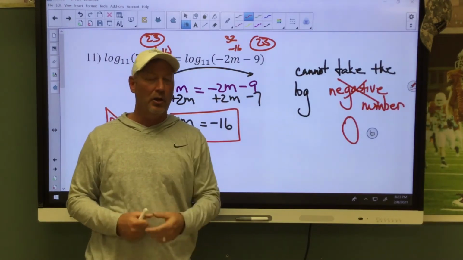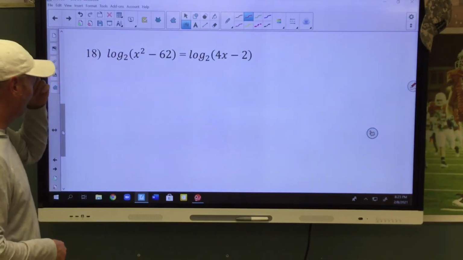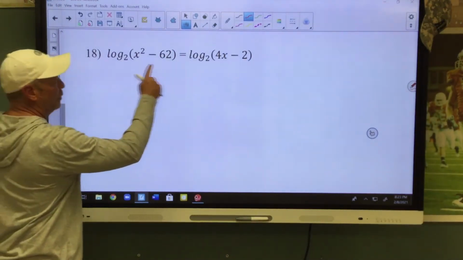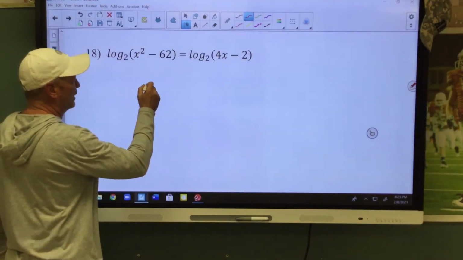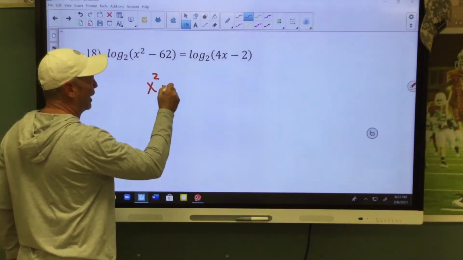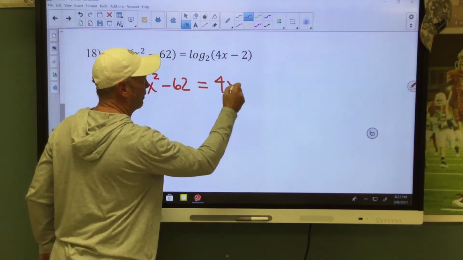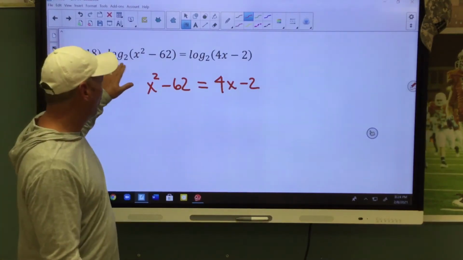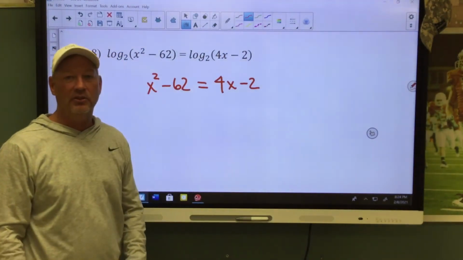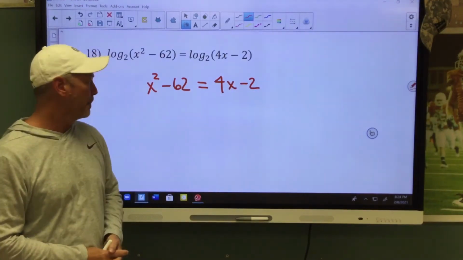All right, let's try another one. All right, in this situation, log base 2, we can set up an equation. We can say that x squared minus 62 equals 4x minus 2. Just like the previous problem, they both had the same log base, so we could just drop it out and set up an equation.